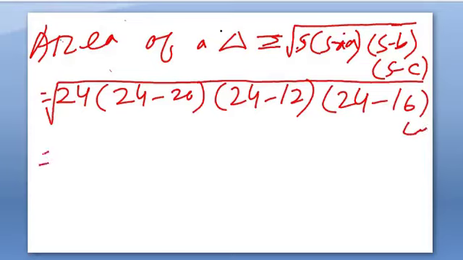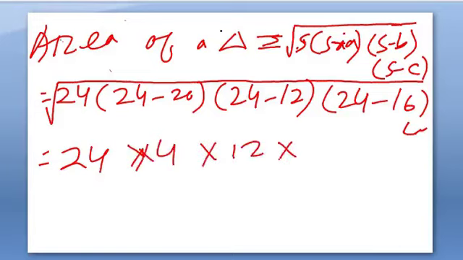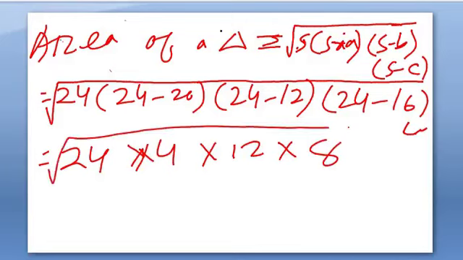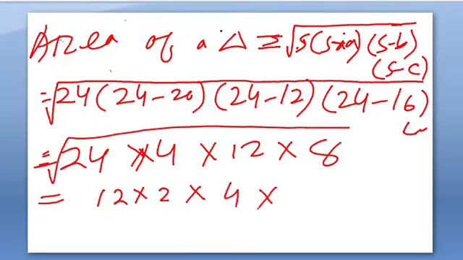Equal to root of 24 into 4 into 12 into 8. 24 can be written as 12 into 2, and 4 into 2, so root of 12 into 2 into 12 into 4 into 2.